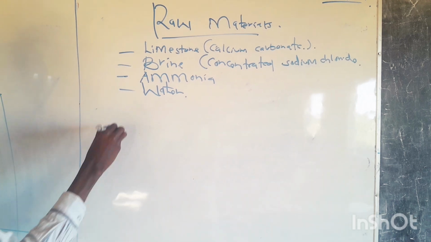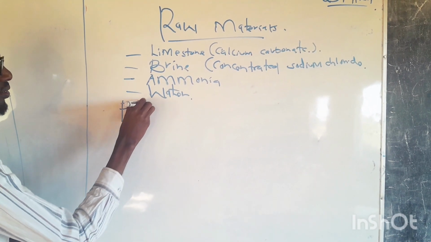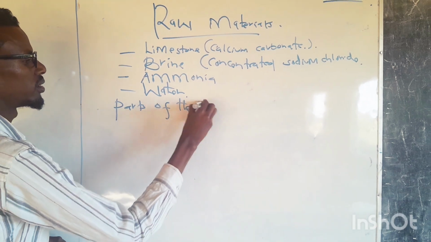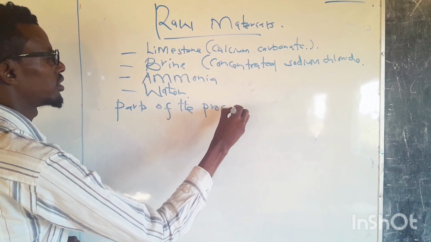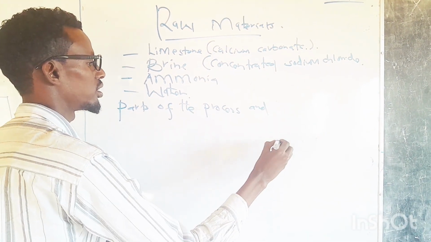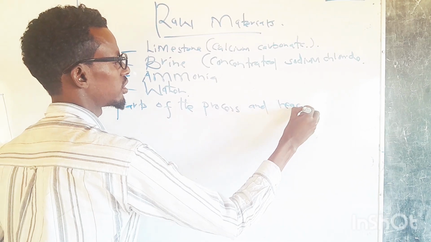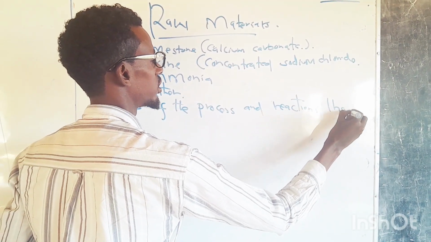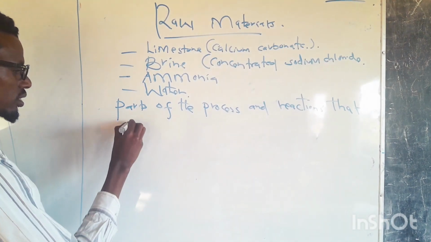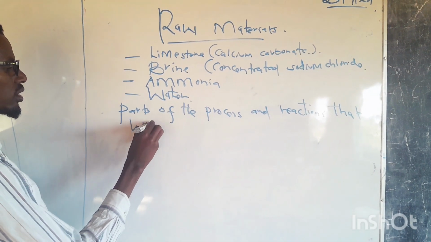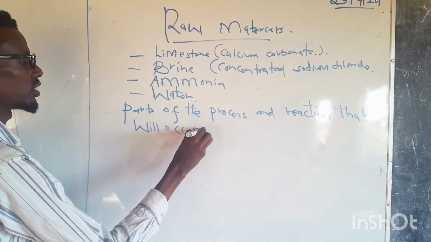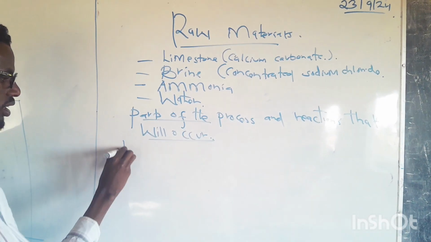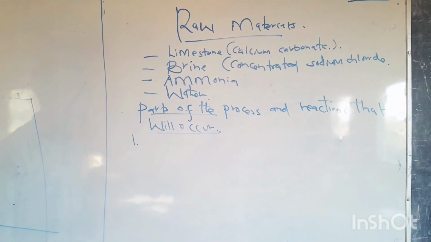Parts of the process. The first part of the process is called the ammoniating tower.